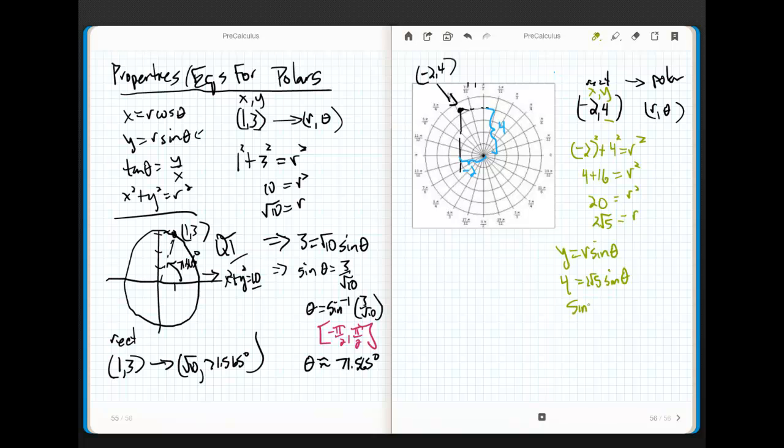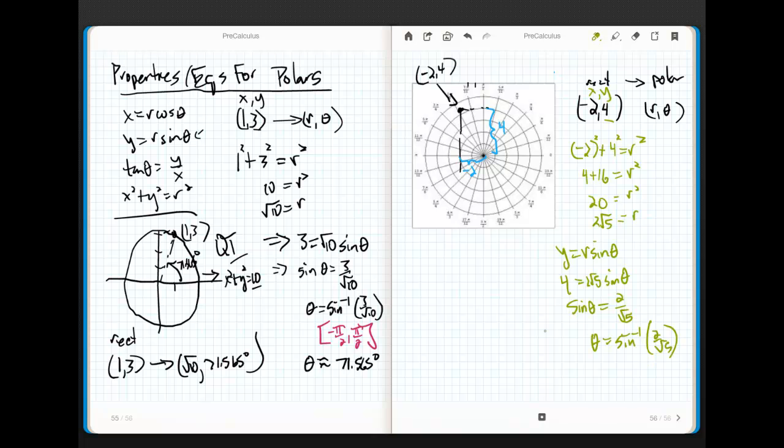So sine of theta, I'm going to switch this thing around. Sine of theta is, if I divide through, don't I end up with 2 over root 5, right? Because the 2 goes into 4 twice, etc., etc. So theta is equal to the inverse sine, that is an obnoxious color, of 2 over root 5. For some reason, I feel the need to vomit.